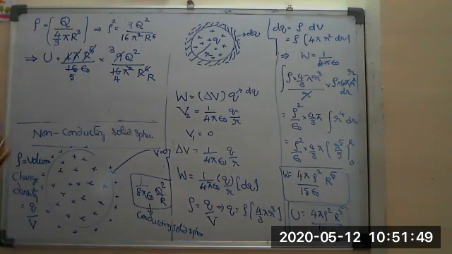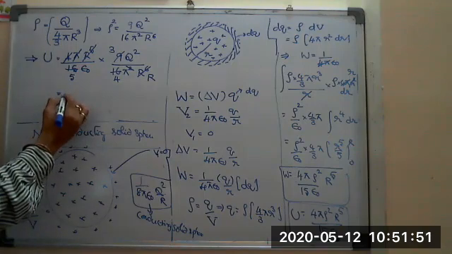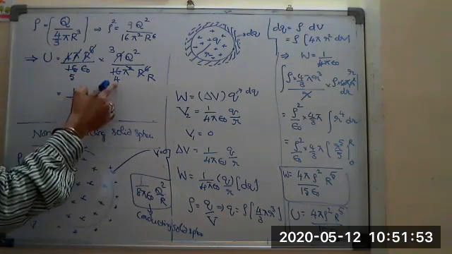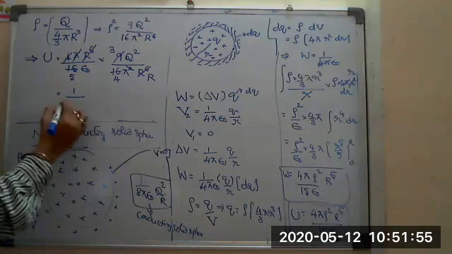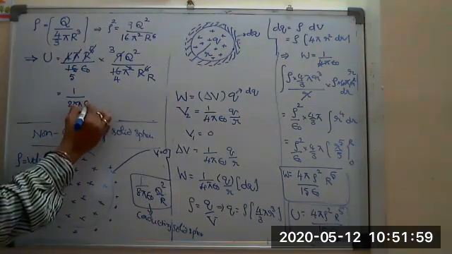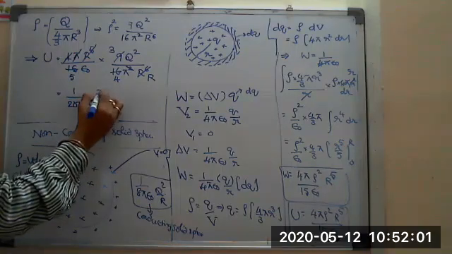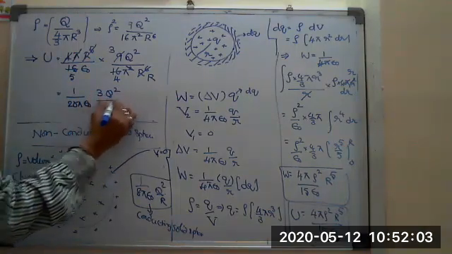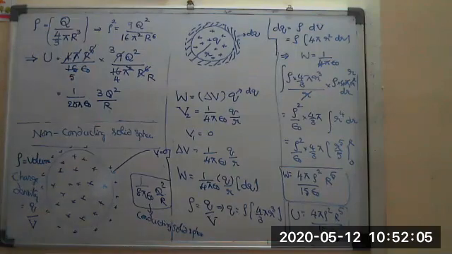You are getting finally what? 1 by 4 5s are 20 pi epsilon naught into 3q square by r. Okay. Any mistake here? I committed.